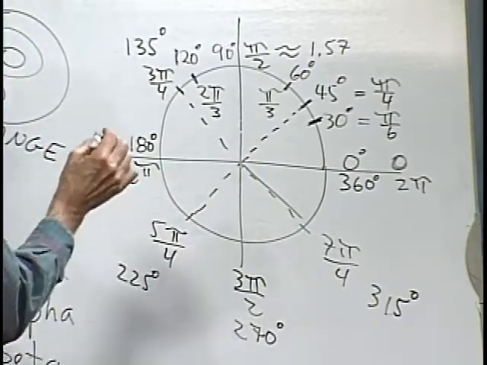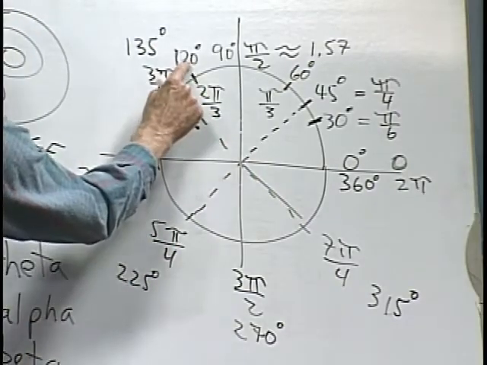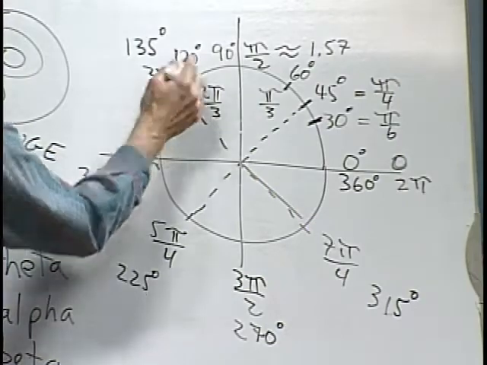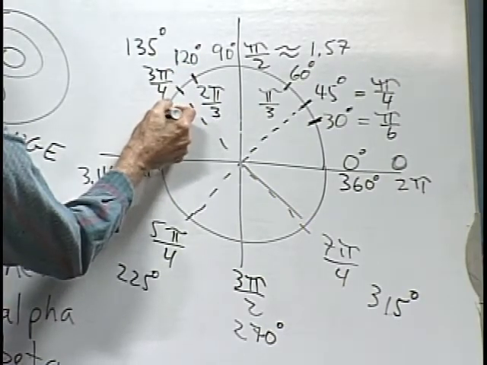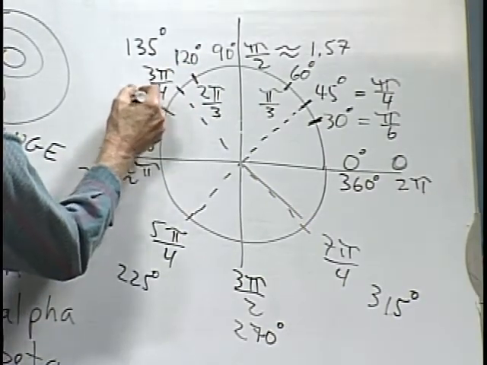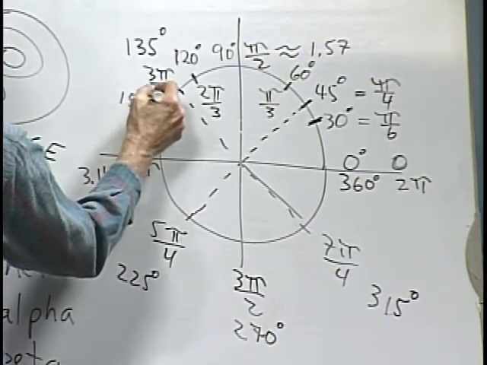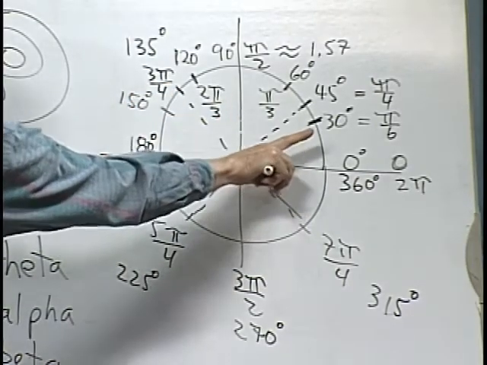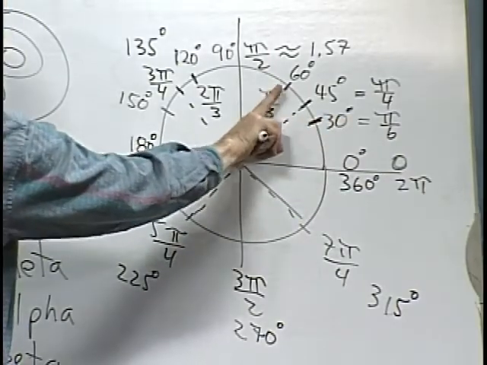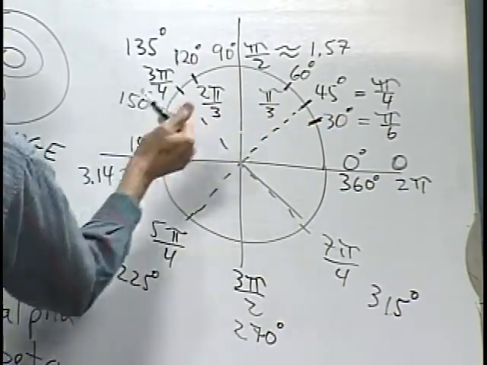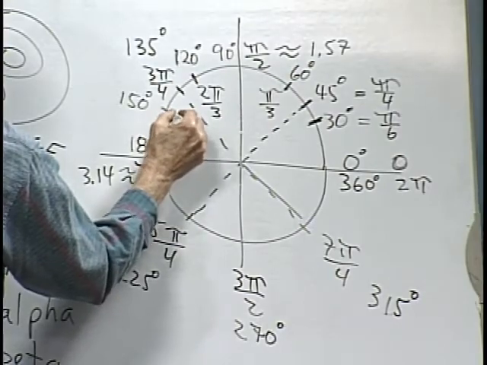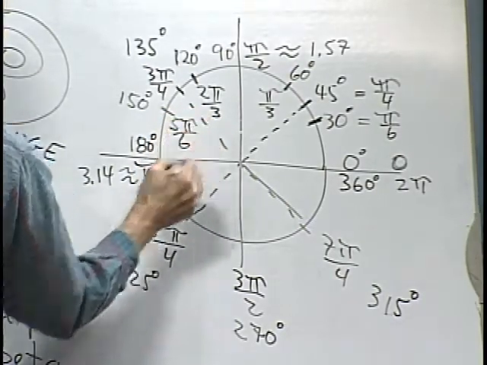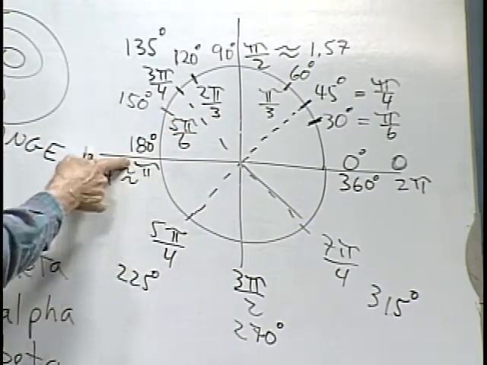Okay, let's keep going. If I add 30 degrees to 120, I'm going to be at 150, which is going to be right in here. And that's going to be equivalent to, let's see, how many pi over 3s or pi over 6s did I have? 1, 2, 3, 4, 5 pi over 6, 6 pi over 6.